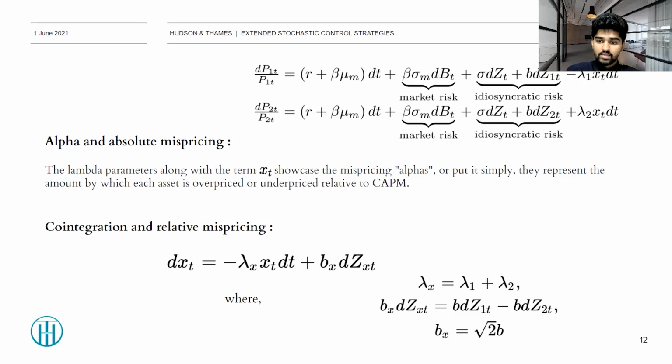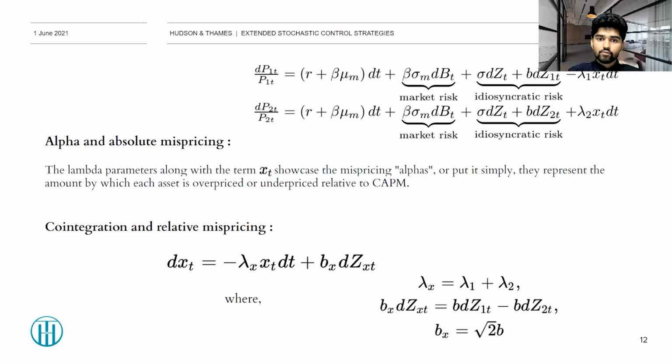Conversely, when minus lambda 1 of xt is less than 0, the expected return of price process P1 is lower than that justified by its risk. That is, it has a negative alpha, and that implies that it is overpriced. So this lambda 1 xt parameter can be used to model whether the price process is underpriced or overpriced relative to CAPM. Let's also look at relative mispricing and how it can be modeled by xt.